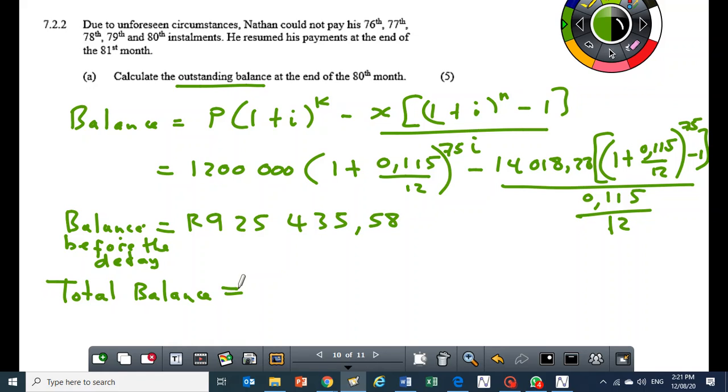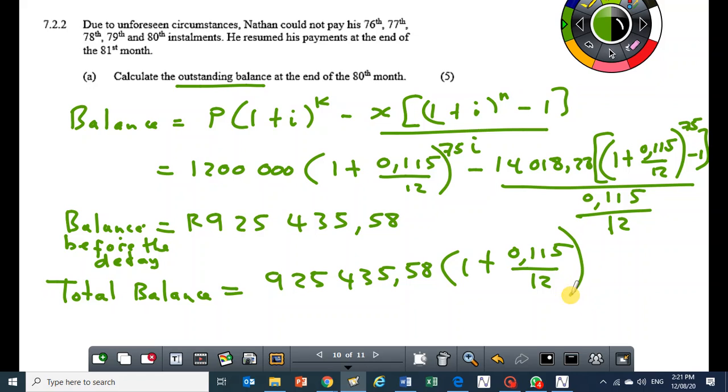For that amount we use compound interest, so it will be 925,435.58 times (1 plus 0.115 over 12) all raised to the power of 5, because we skipped 5 months.